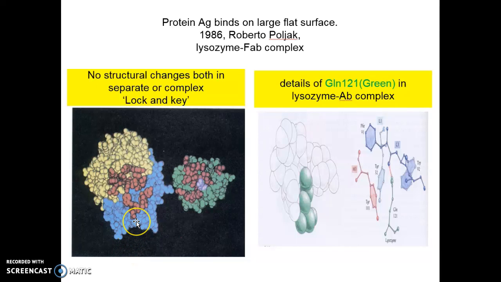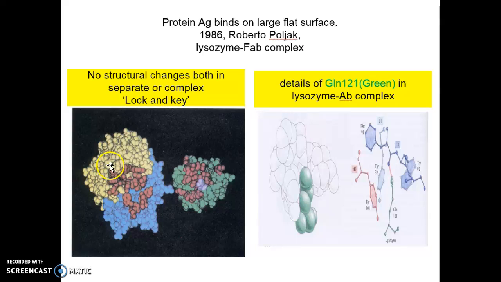The interacting area is contributed largely by CDR3, which is very significant because CDR3 of the heavy chain is a site for the somatic mechanism for generating antibody diversity.